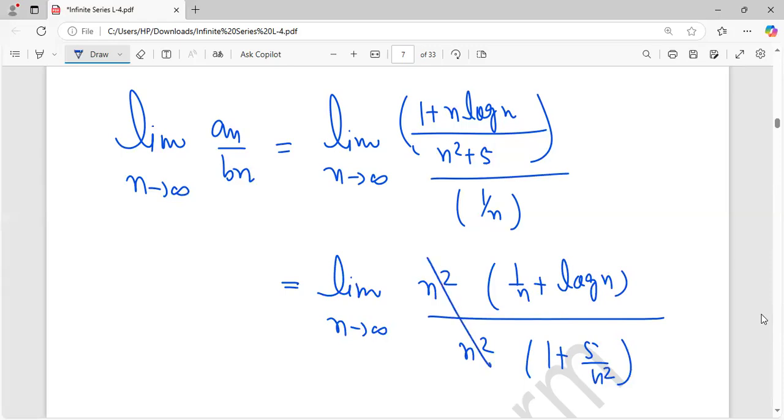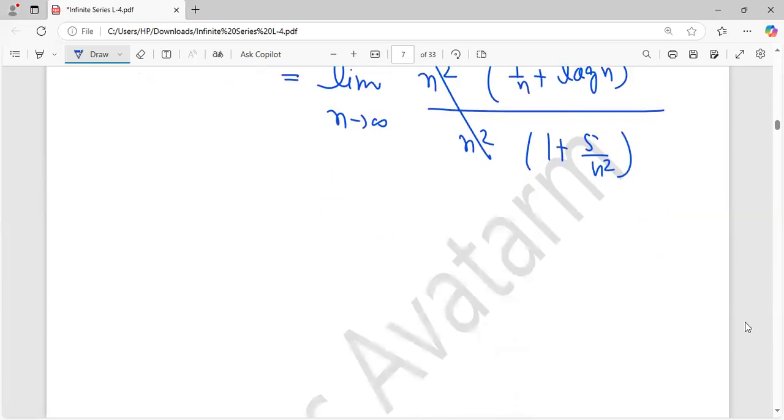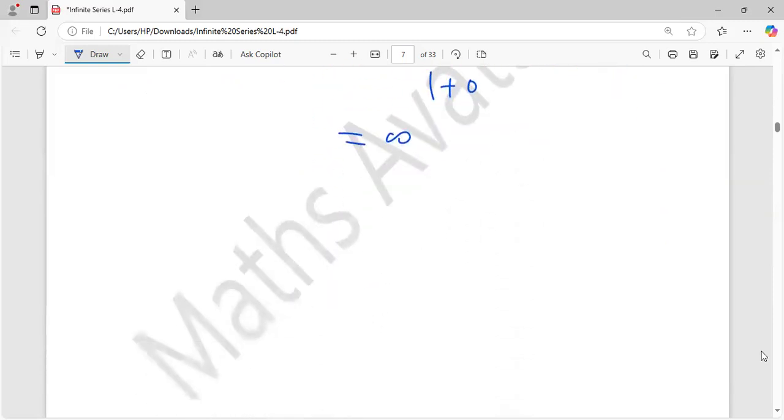So this cancels out. So this is 0 plus infinity upon 1 plus 0. Now this is going to be infinity, and the series 1 upon n is divergent.